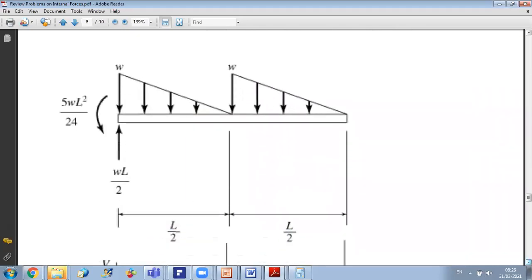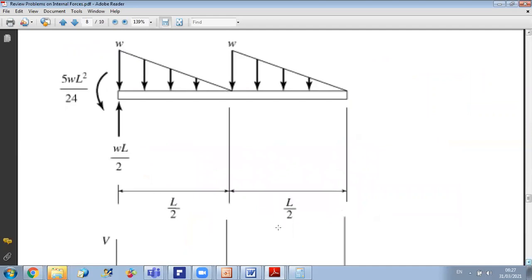As you can see here, I have calculated the reaction and the moment reaction. Now we will start with the shear diagram. For the shear diagram, as I told you, a couple will not affect it directly. It will just affect it indirectly through the reaction. Any reaction at the end will affect the final result, because if the distributed load varies, the reactions will vary.